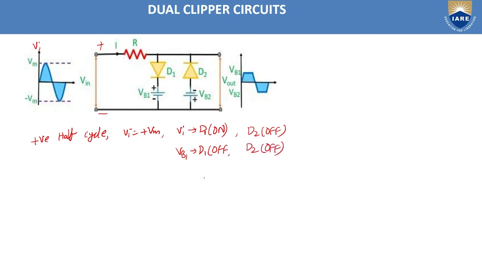So in this case the D2 is in off state but the D1 is in on state.